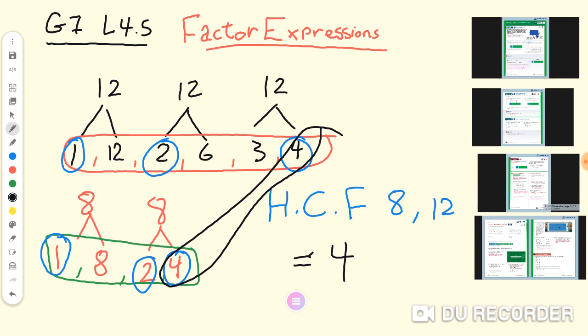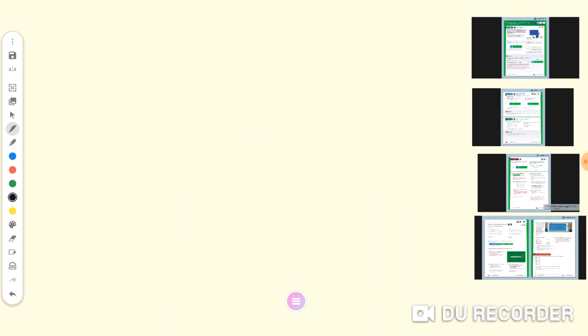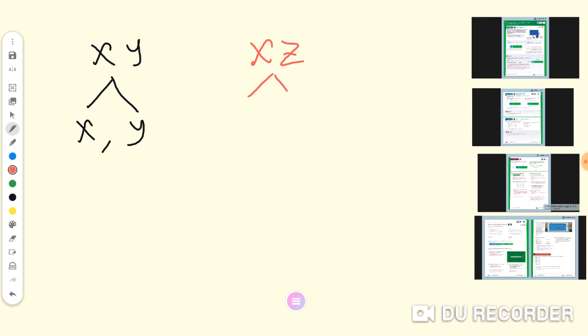Another thing, if we have variables, like x multiplied by y, what are the factors of xy? Actually, it has 2 factors, x and y. x multiplied by y gives xy. What about xz? The same, x multiplied by z, so 2 factors.